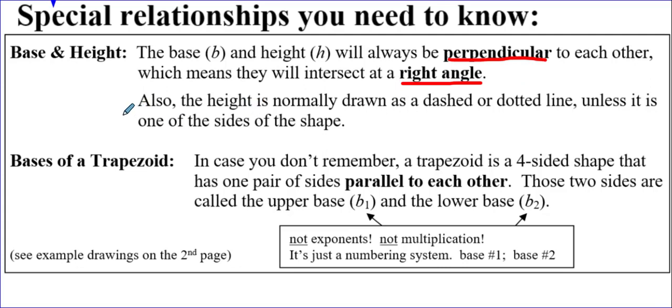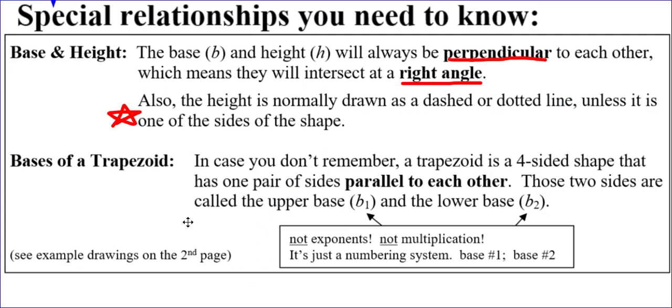Now, please note, the height is normally drawn as a dashed or dotted line. There is one exception to that. If the height happens to be one of the sides of the shape, and you'll see what I mean when we look at some examples here, then it wouldn't be a dashed line. But otherwise, most of the time, height is going to be drawn as a dashed or dotted line.